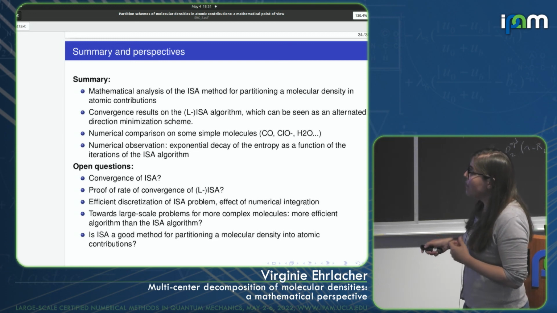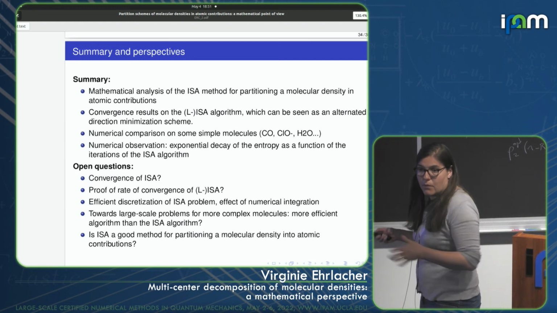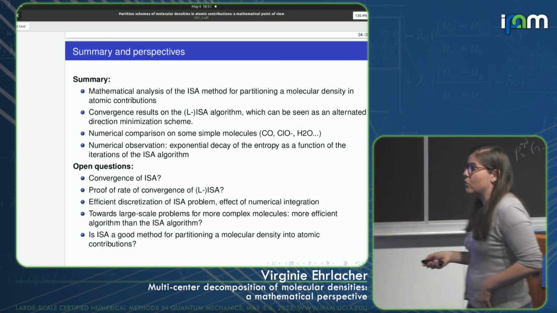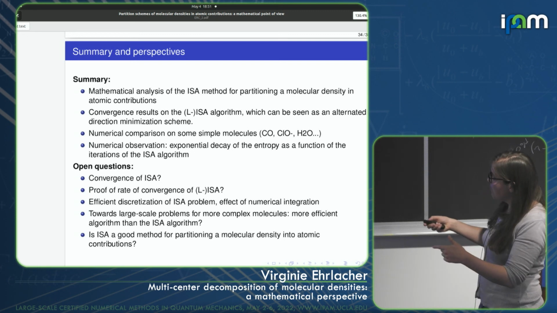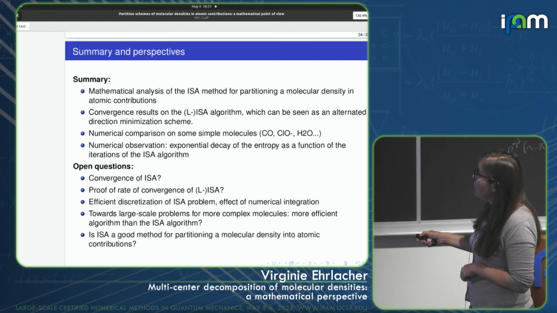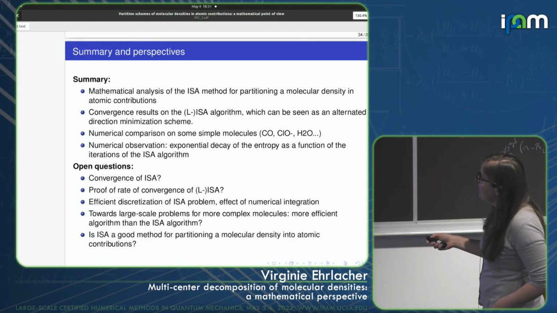This ISA method has a nice mathematical structure, so we can say some things about it, about this fixed point algorithm I told you about. And inspired by these mathematical structures, we introduced this simple discretized version of the algorithm.